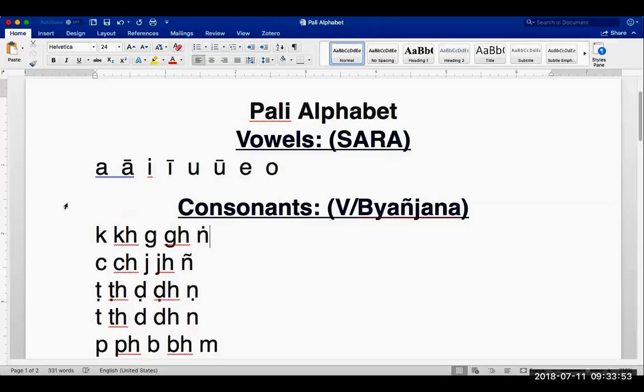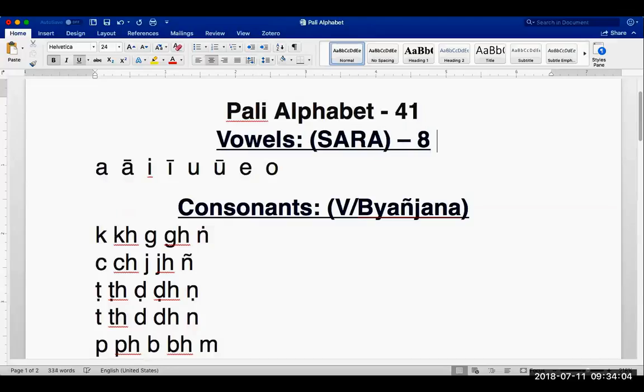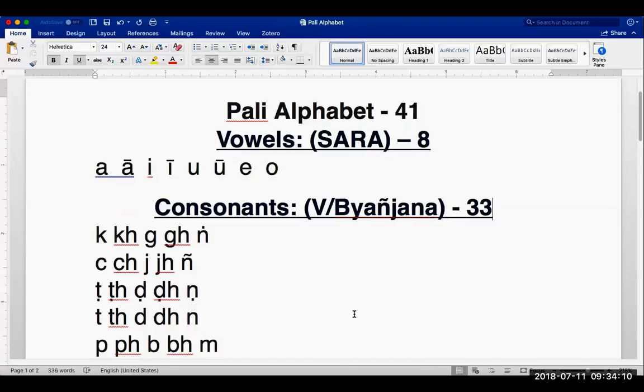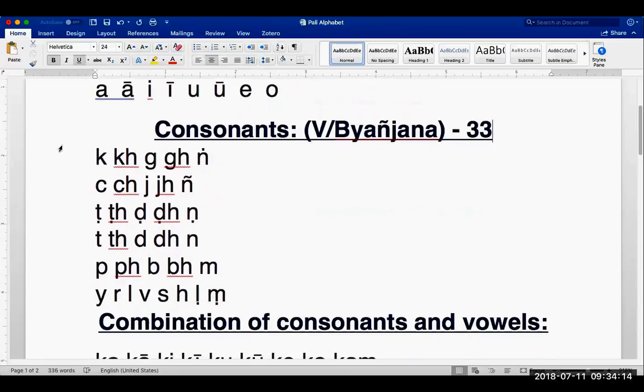So we have 41 in the Pali alphabet. Here we have 8 vowels, and so there should be 33 consonants, right? 33 consonants. Okay.